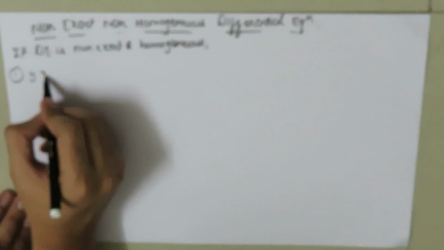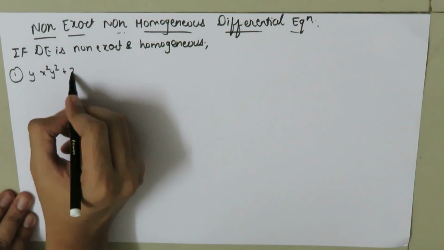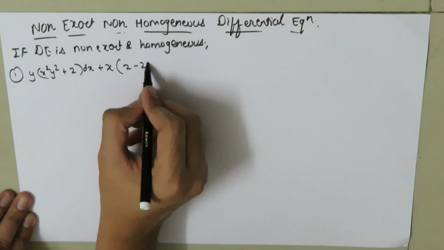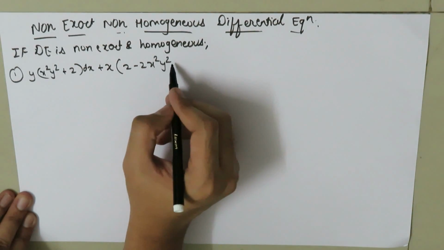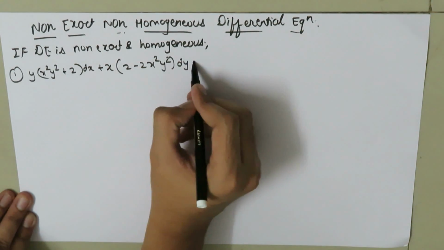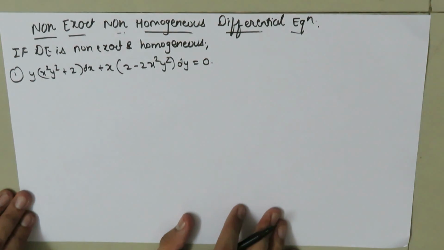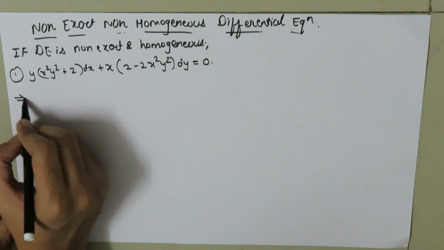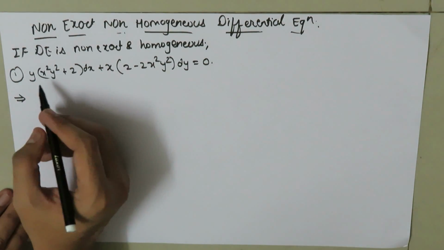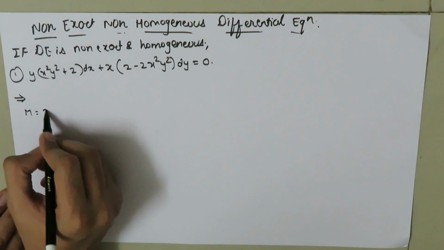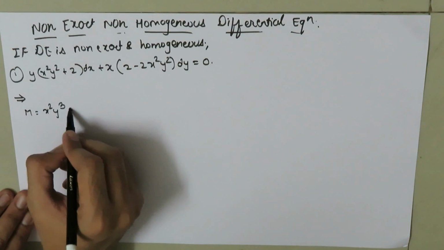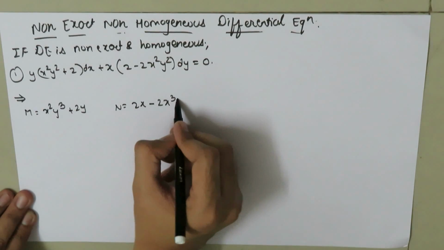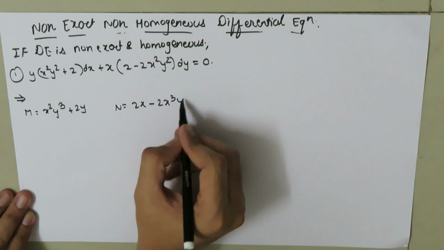y times (x squared y squared plus 2) dx plus x times (2 minus 2 x squared y squared) dy is equal to 0. So here let's check whether this differential equation is exact or non-exact. M is equal to x squared y cubed plus 2y, and N is equal to 2x minus 2x cubed y squared.